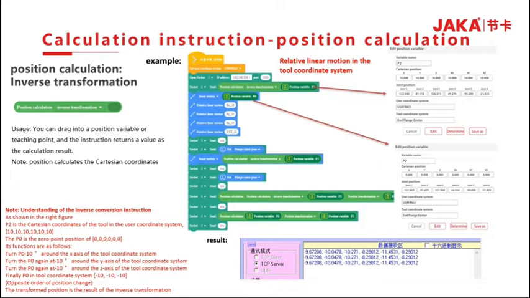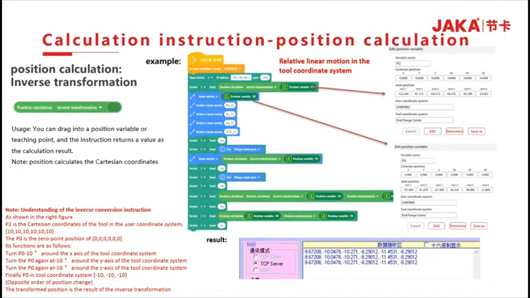The robot moves in the relative linear motion under the tool coordinate system, respectively rotating negative 10 degrees around X, then rotating negative 10 degrees around the Y axis, then rotating negative 10 degrees around the Z axis, and finally translating negative 10 millimeters in each of the X, Y, Z directions.